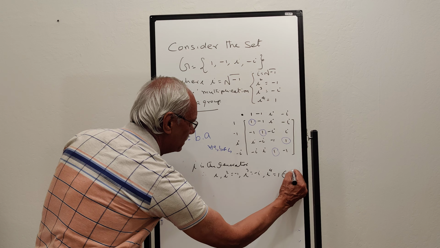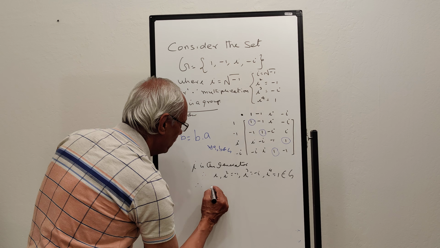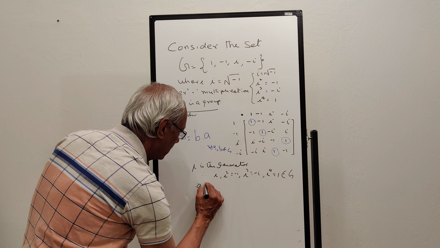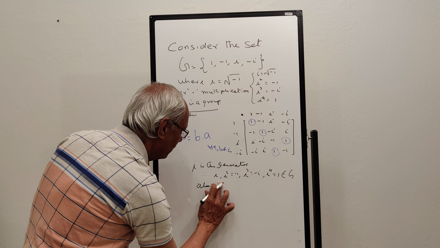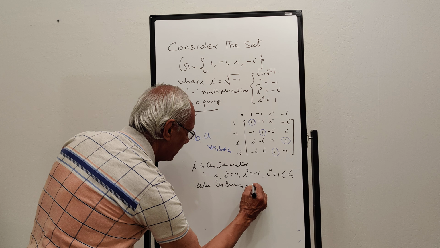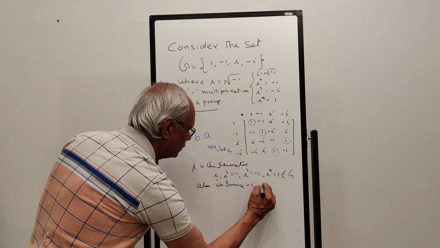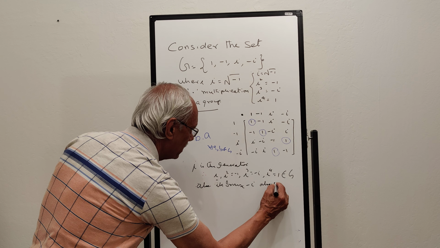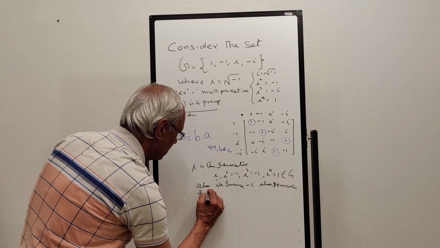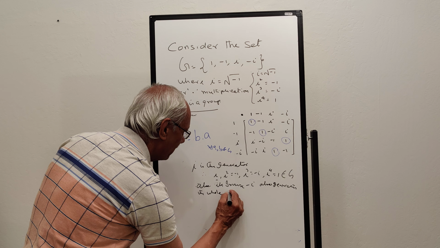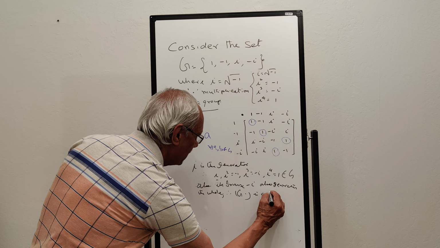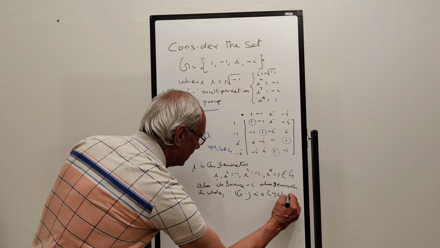All belong to G, and therefore I is a generator because of this reason. Also, its inverse minus I also generates the whole set. Therefore, (G, ·) is a cyclic group.